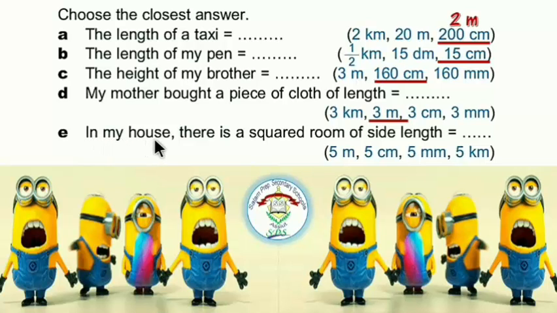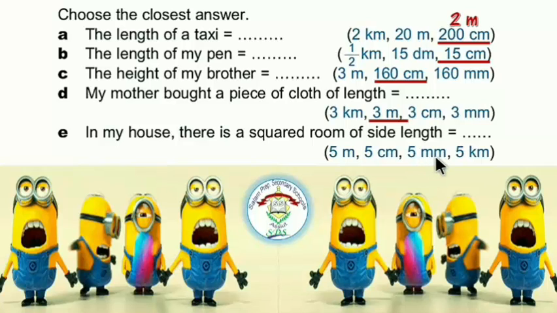In my house, there is a room in the shape of a square, of side length 5 meter, 5 centimeter, 5 millimeter, 5 kilometer. We know kilometer is used to measure distance, so we will exclude this unit.